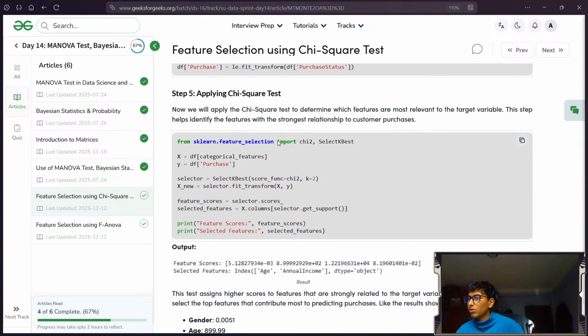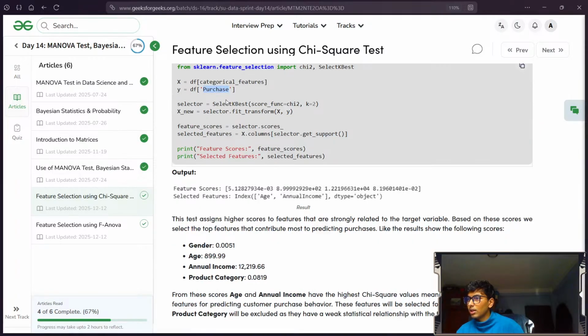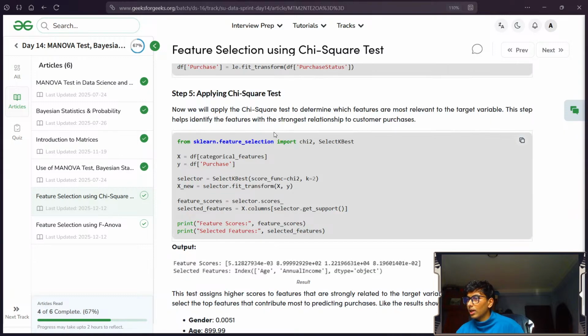So import chi2 and SelectKBest for feature selection, with categorical features and purchase, and SelectKBest with function chi2 and k=2, selected fit_transform, so it will take big X and y into X_new, feature scores, selected scores, X columns, selected get_support, features, feature scores and selected features.